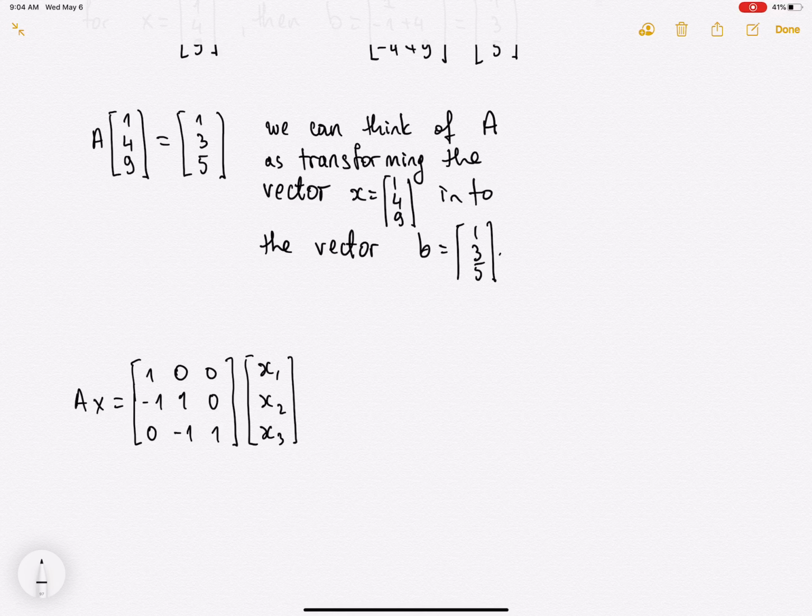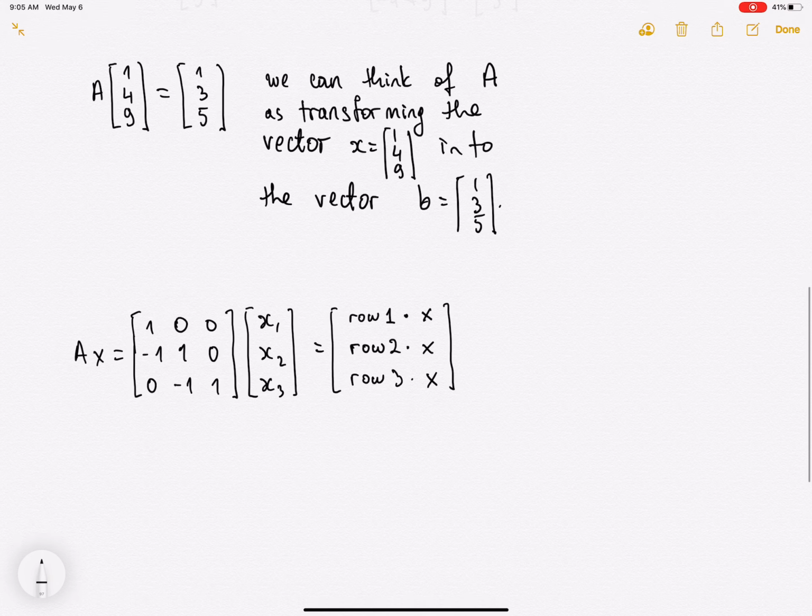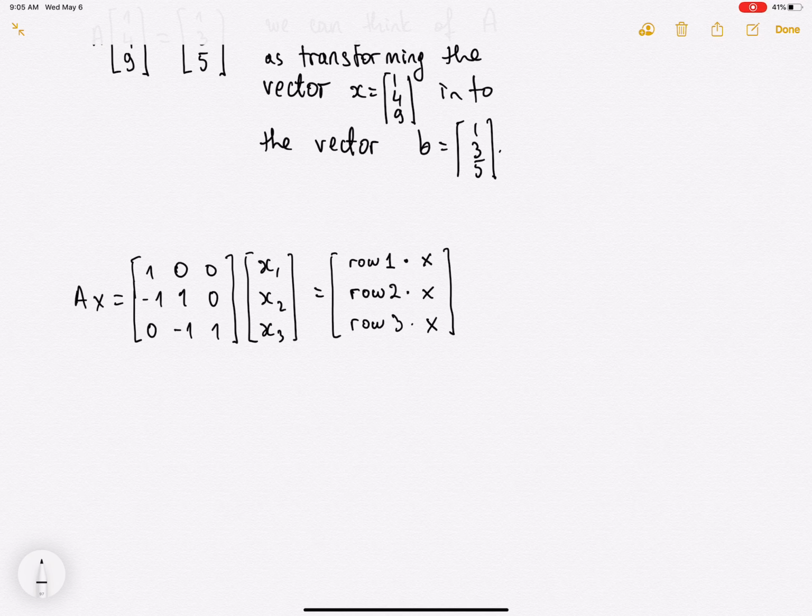Now, if I want to carry out this multiplication by the rows, which is in fact possible, the definition really here is row 1 dot product the vector x, row 2 dot product the vector x, row 3 dot product the vector x. We know how to take the dot product. Let's carry that out and let's see what we get.